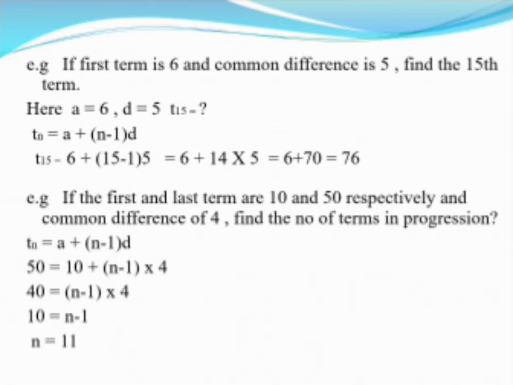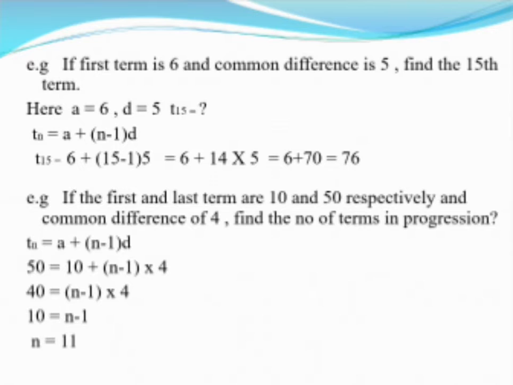Here n is equal to 15, because we have to find the 15th term. Therefore, the equation becomes 6 plus 14 into 5, that is equal to 76. I hope this formula is clear to all of you now. You just have to be familiar with the formula and the terms used in the formula.